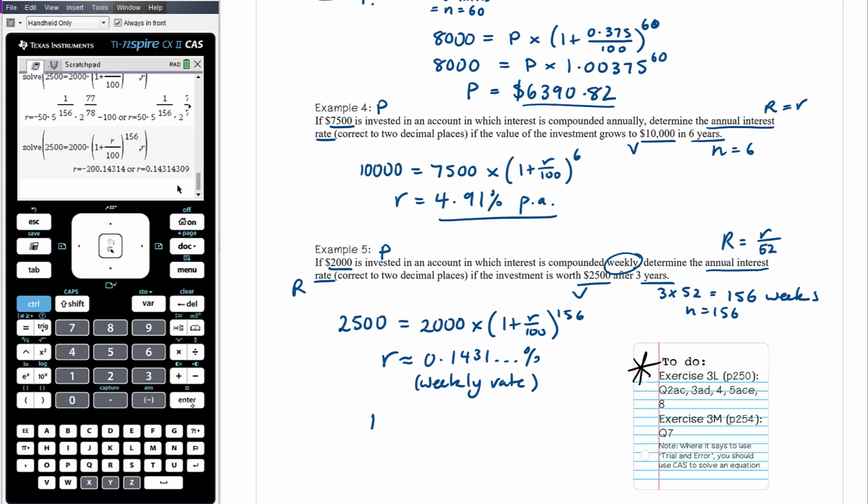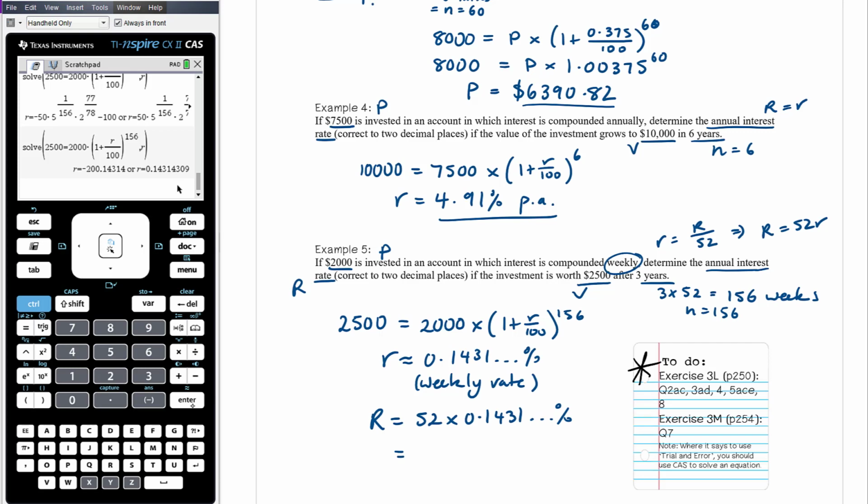Sorry, I wrote this rule up here around the wrong way. The weekly rate is the annual rate divided by 52, which means that the annual rate is the weekly rate multiplied by 52. So if my weekly rate is 0.14%, my annual rate is going to be 52 times that. There's no reason to round with my CAS.